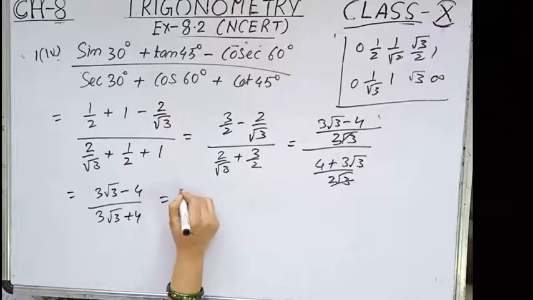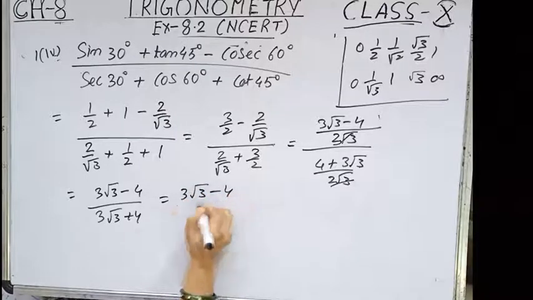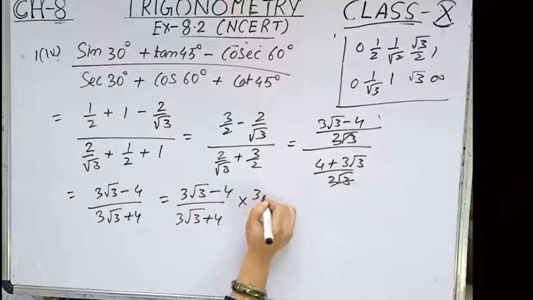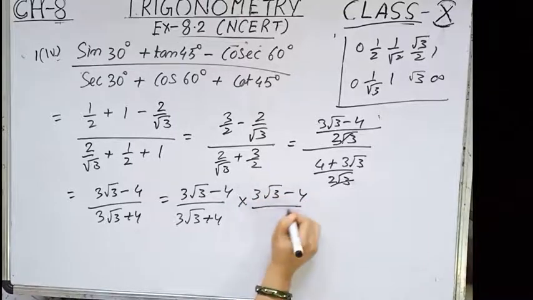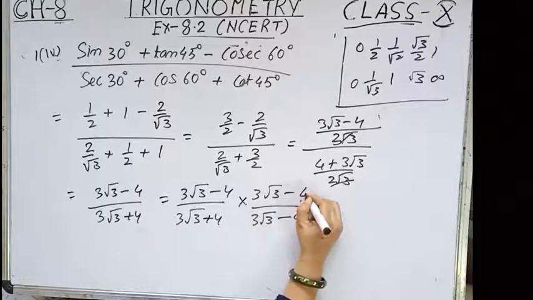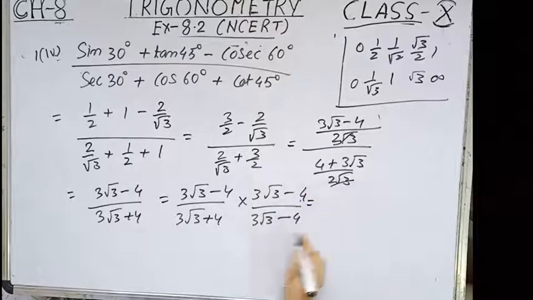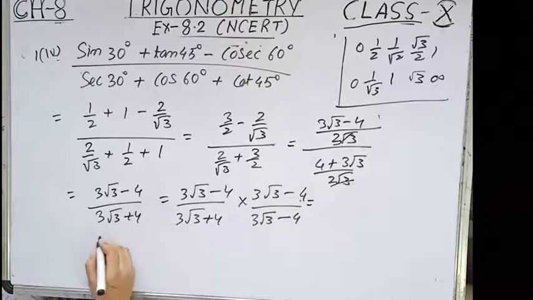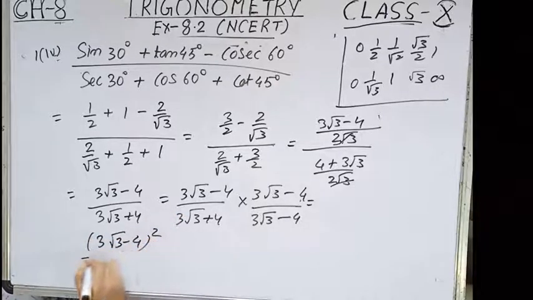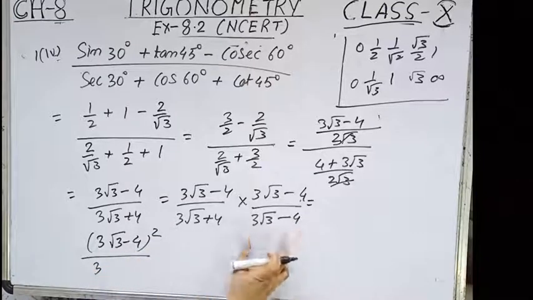Now let us rationalize it. 3 root 3 minus 4 by 3 root 3 plus 4, into 3 root 3 minus 4 by 3 root 3 minus 4. So this will be equal to 3 root 3 minus 4 whole square by a plus b, a minus b.